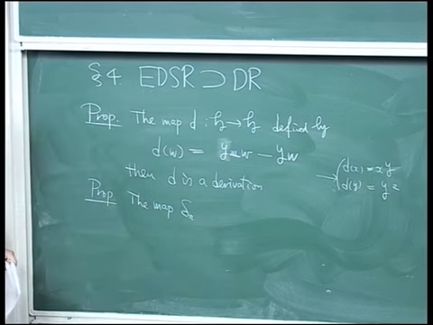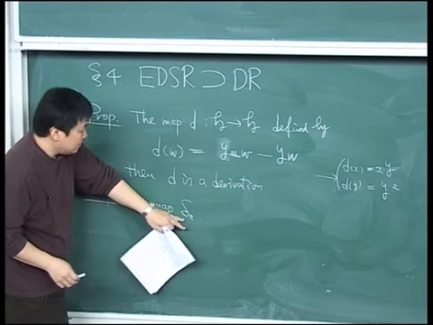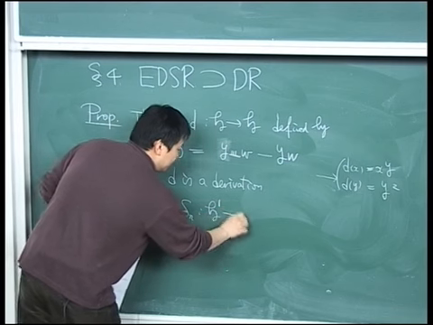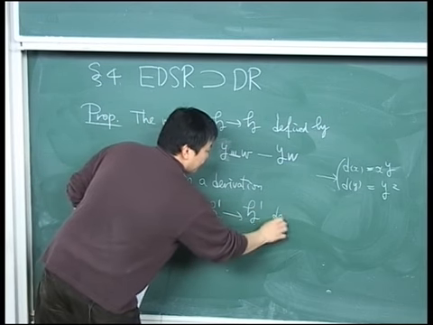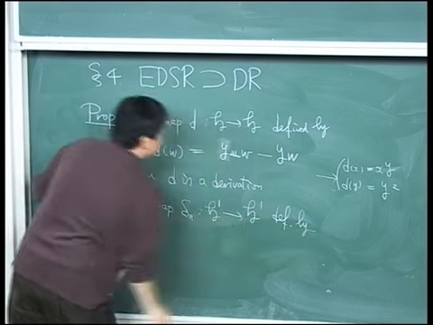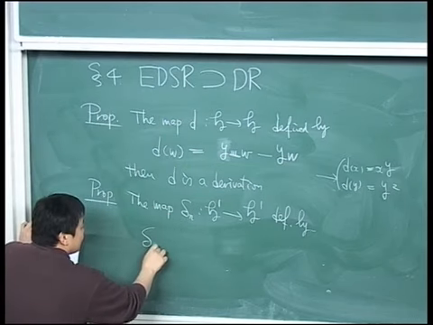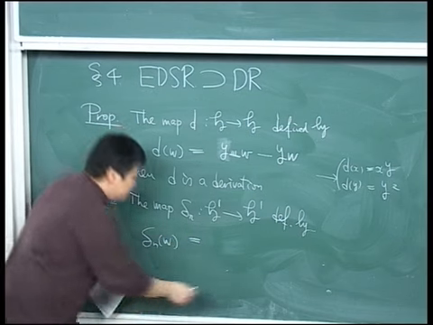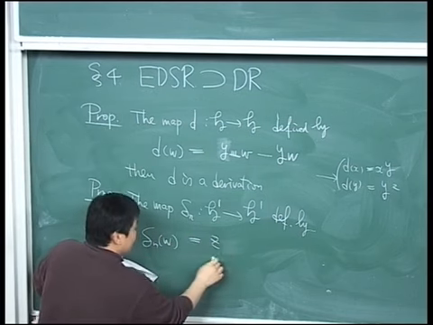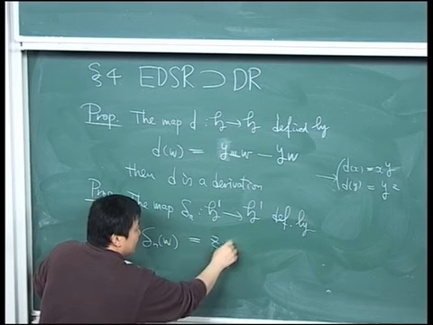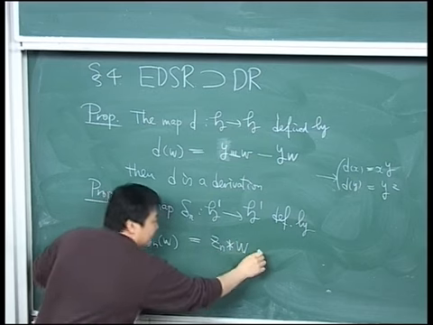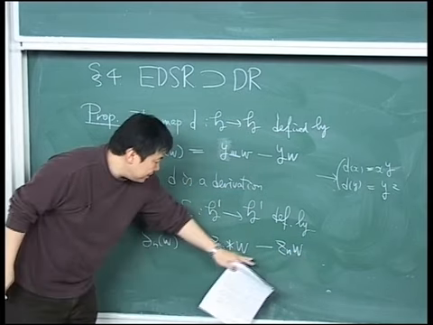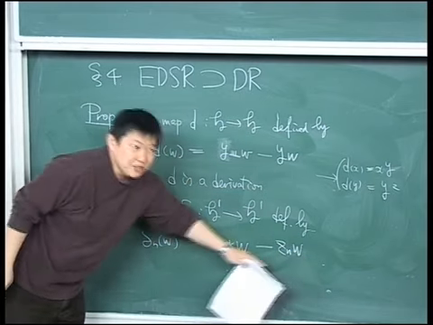This defines not only one derivation, but a series of derivations defined on H1. You can guess the definition. Consider the d_n, harmonic w minus d_n w. So we look at the difference of the harmonic product and the concatenation product.